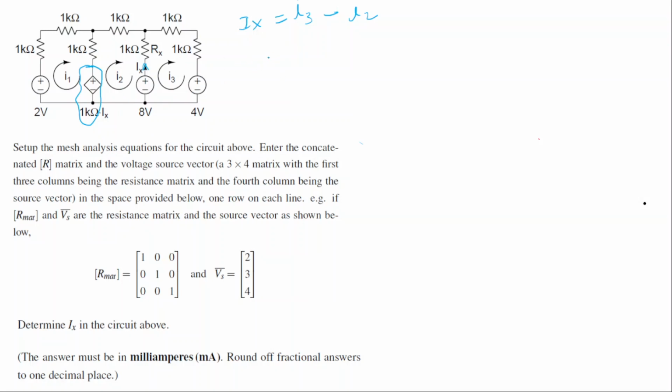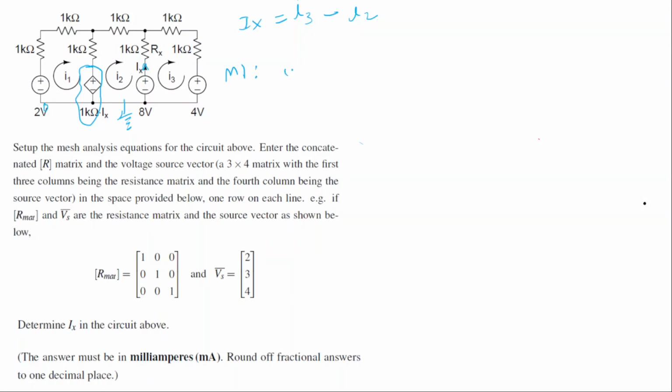Now let's write the KVL equation for the first mesh. I will go through it quickly. I take the reference node here and start from here. This is M1.